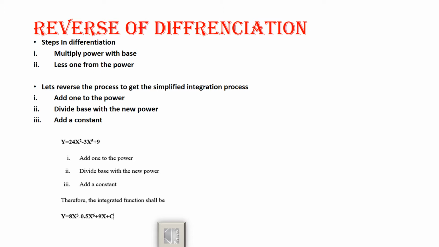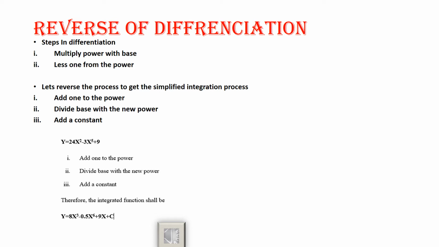I'm going to start from elaborating the steps we learned in differentiation so that we analyze how to do a reverse of those steps, because they shall give us the simplified process of doing integration.